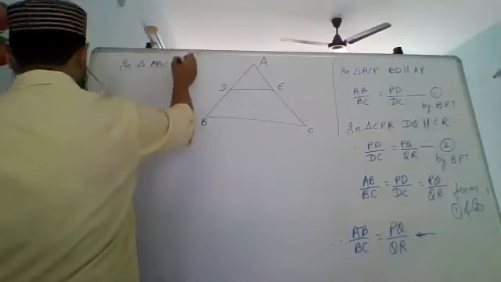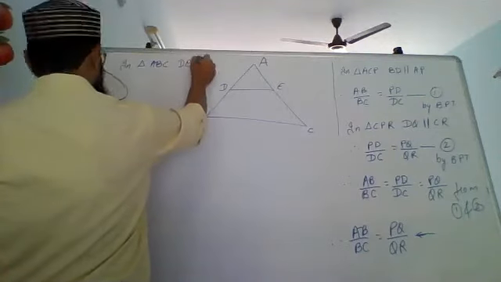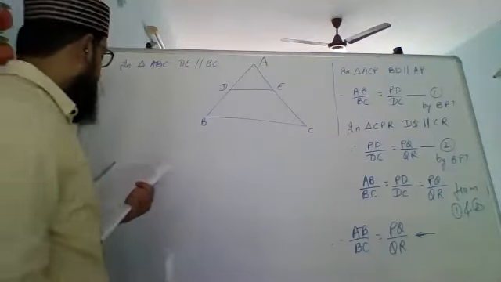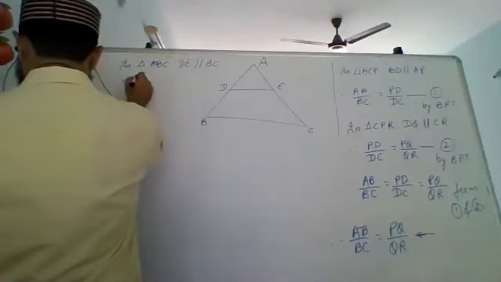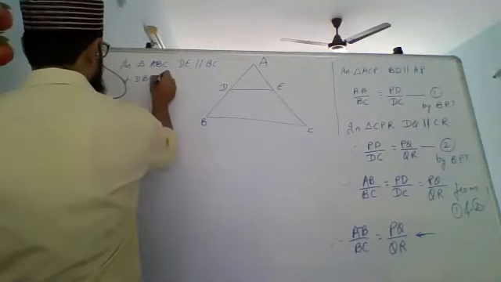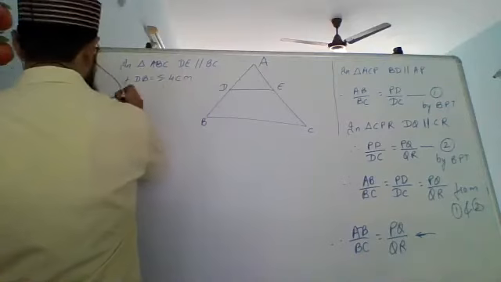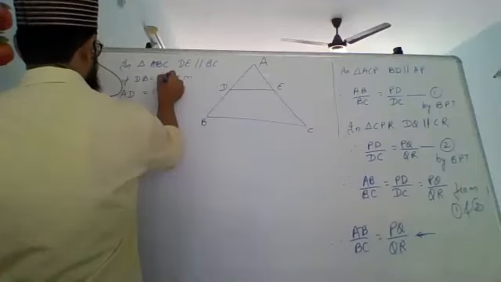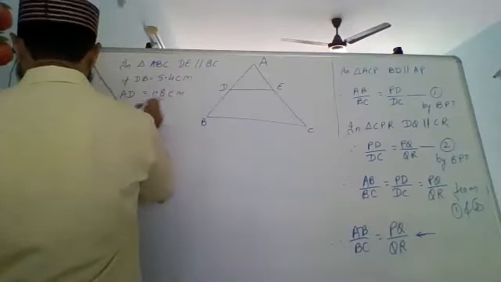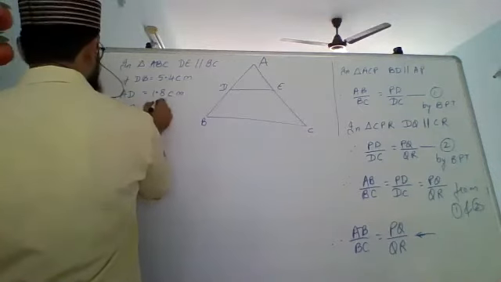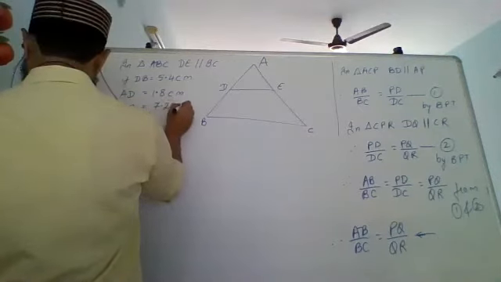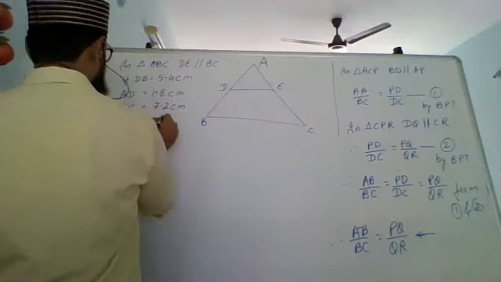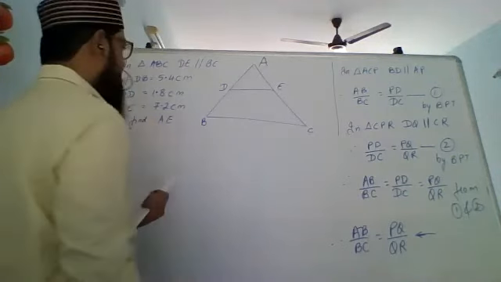Please copy this. In triangle ABC, DE is parallel to BC. If DB equals 5.4 centimeters, AD equals 1.8 centimeters, EC equals 7.2 centimeters, then find AE.